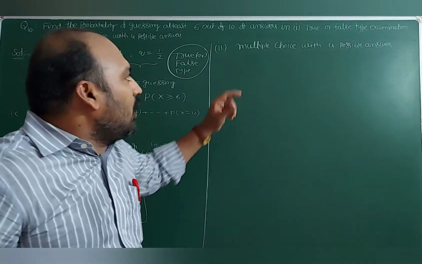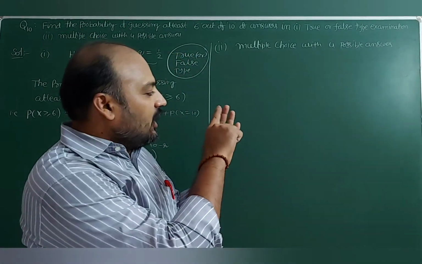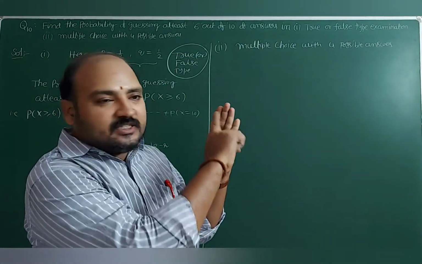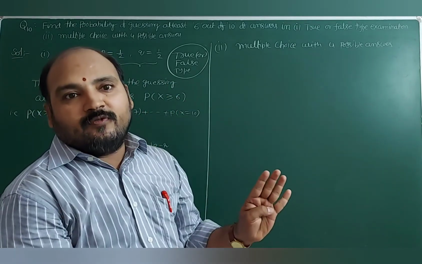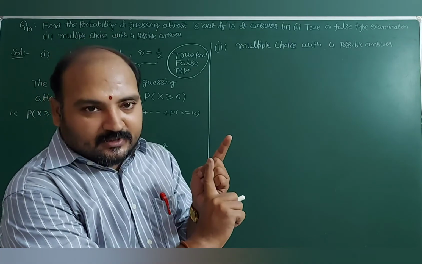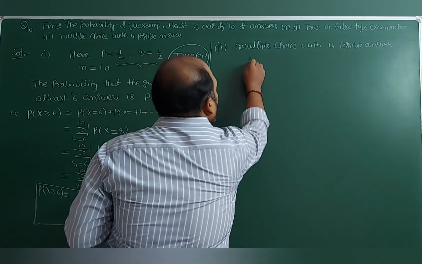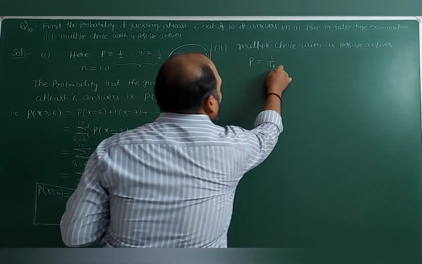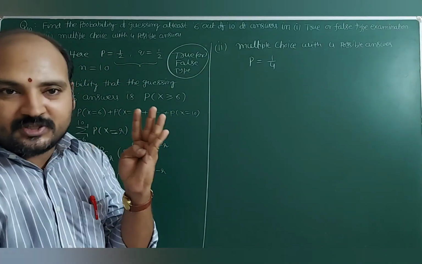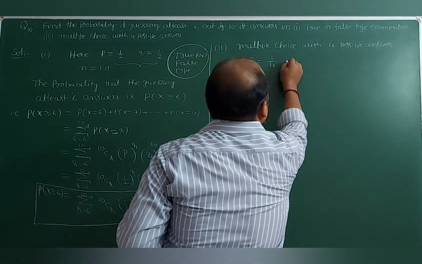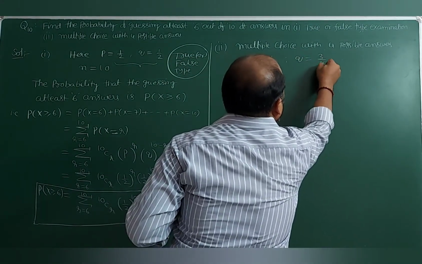Observe, dear students, out of 4 possibilities, multiple choice A, B, C, D, any one of them is the correct answer, the rest of the 3 are not correct. So what is P? P is equal to, in this case, 1 by 4. Among the 4 options, one option is the right option and the remaining 3 options are not correct. So P is equal to 1 by 4, then Q is equal to 3 by 4.